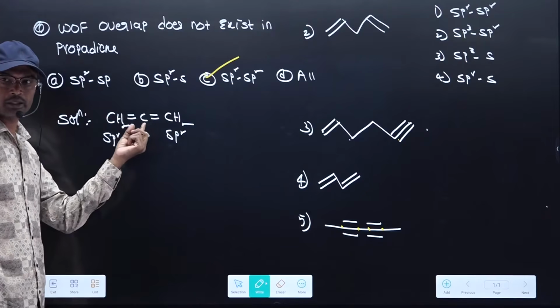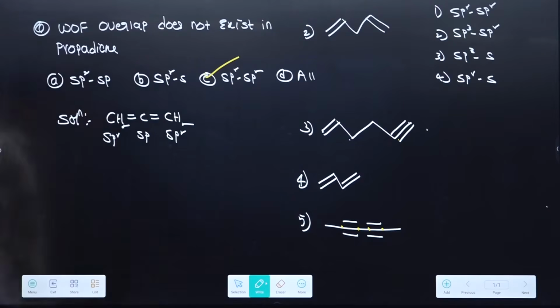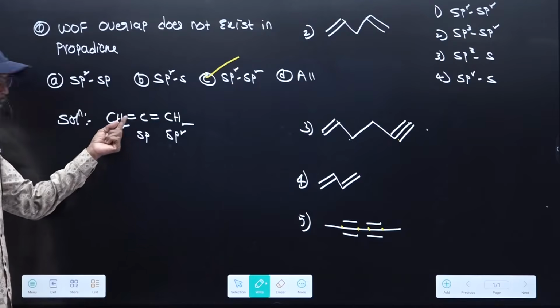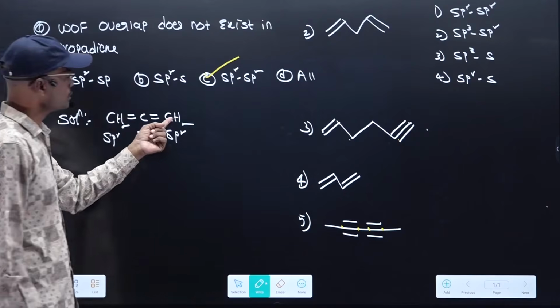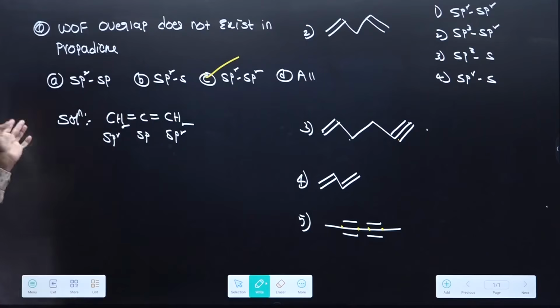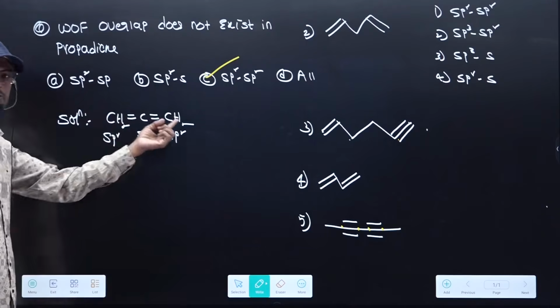No. So this is not present. sp-sp is there or not? Yes. And this carbon-hydrogen is sp2-s, and here this is also sp2-s. There is no sp-s overlap in this one. It is the same way, this carbon separates two sp2 carbons.